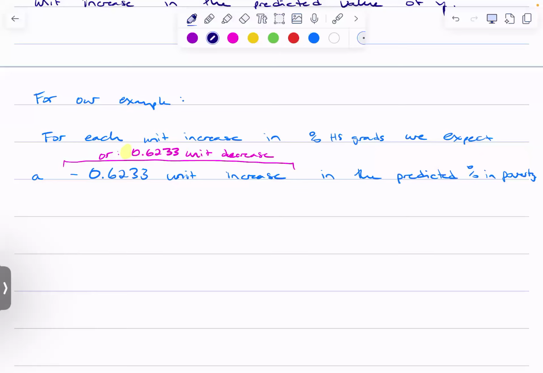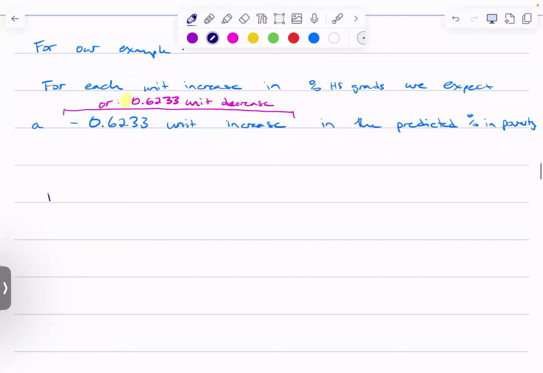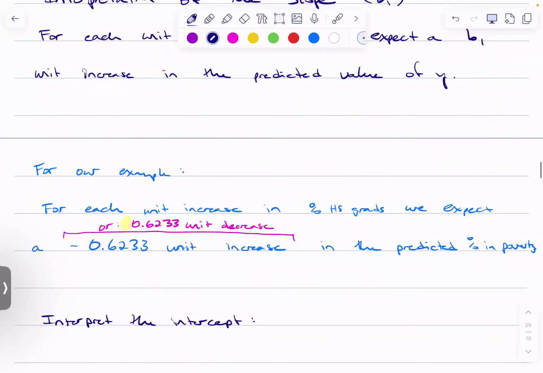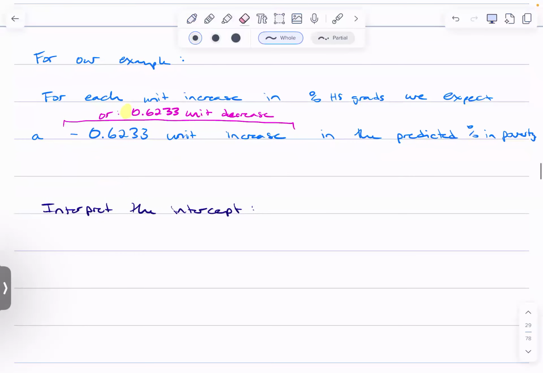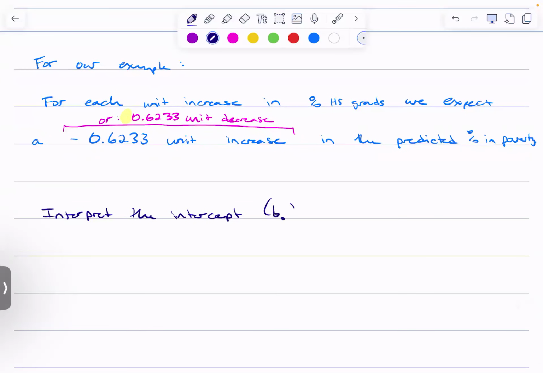What about the intercept? Going back to our general equation here, b naught is y hat when x is 0. And so that's the interpretation.